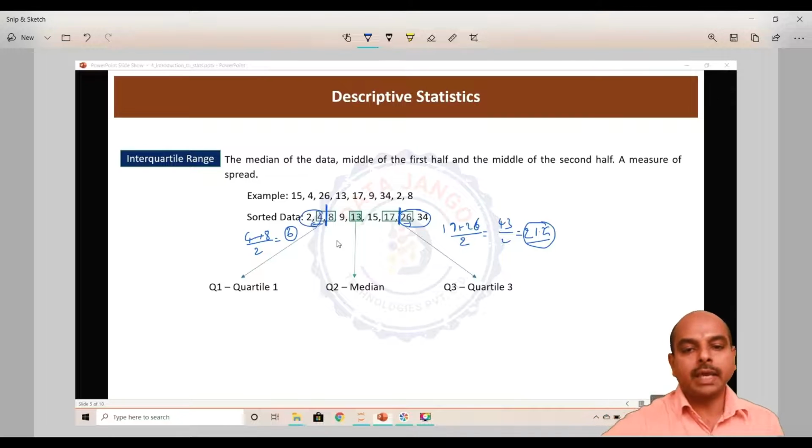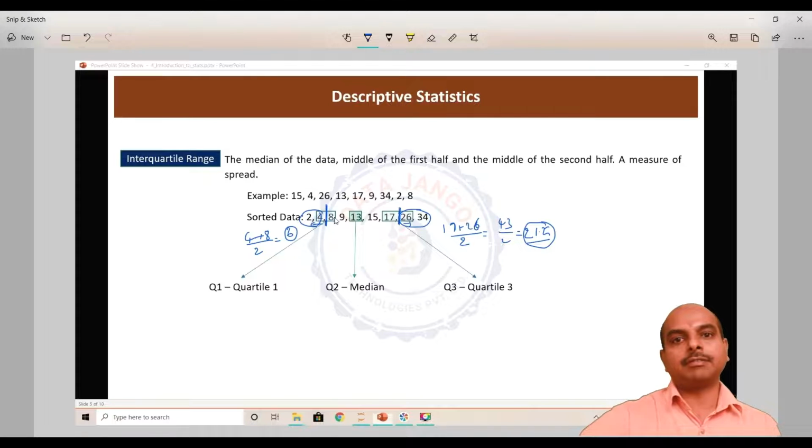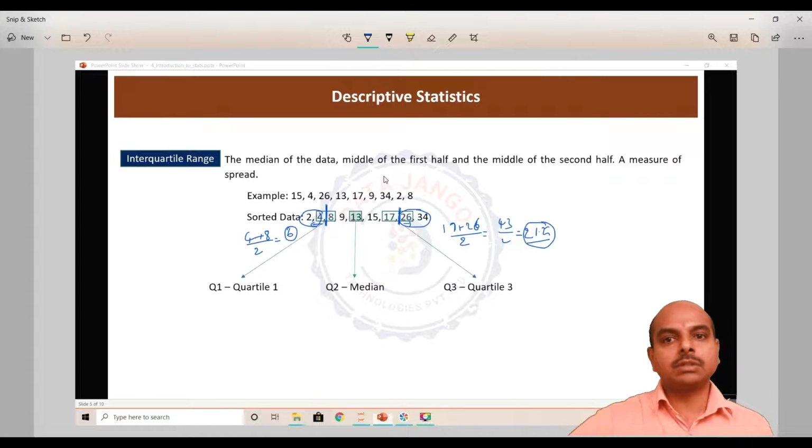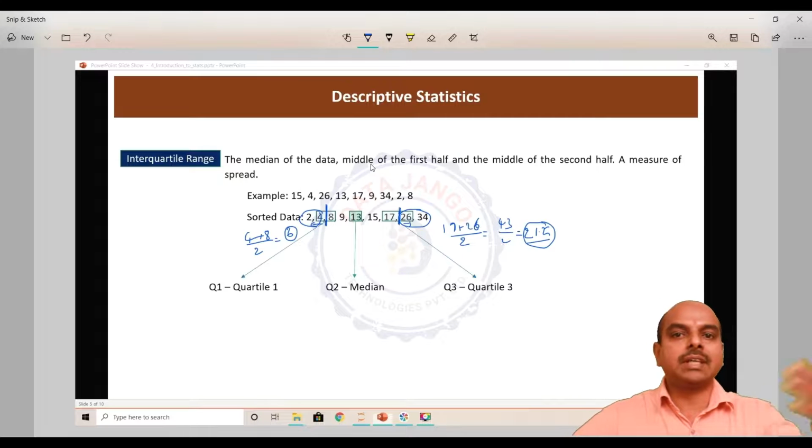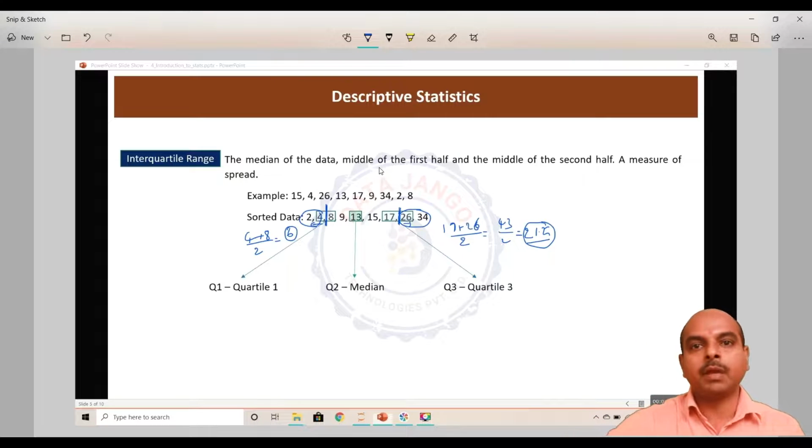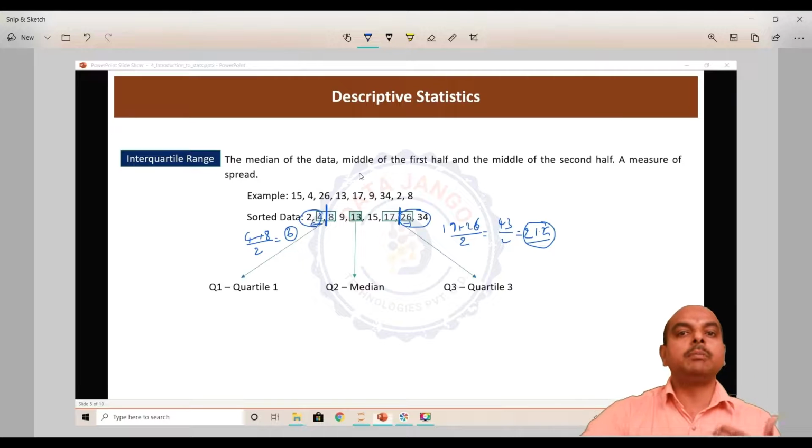If you take a real-time example, the prices of houses in California will be in some range, maybe from 300 to $600,000. But if you take Beverly Hills, the prices are going to be in millions.